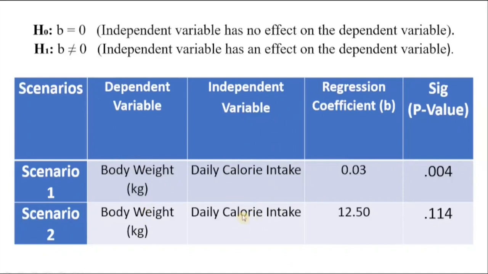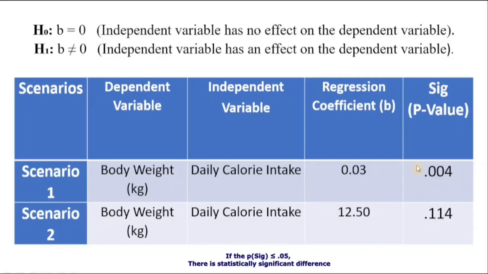In scenario 1, the regression coefficient b is 0.03, showing that for every additional 1 kilocalorie consumed daily, body weight increases by 0.03 kg on average. The p-value is 0.004, and according to the general rule, if the p-value is less than or equal to 0.05, there is statistically significant difference.